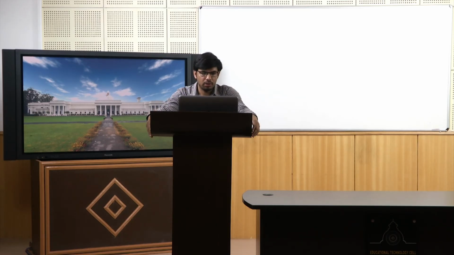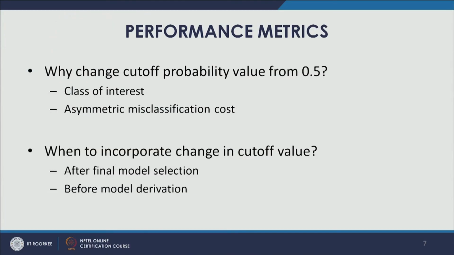So the next question would be, when do we incorporate a change in cutoff value? For example, in the exercise that we just went through in Excel, we had already run the model, we had the actual ones and 0s, but we also had the probability values as estimated by the model.